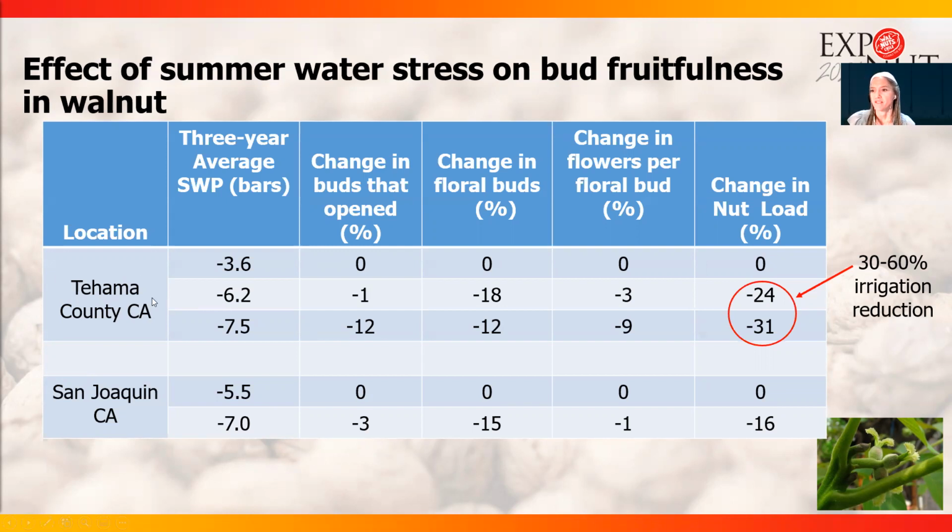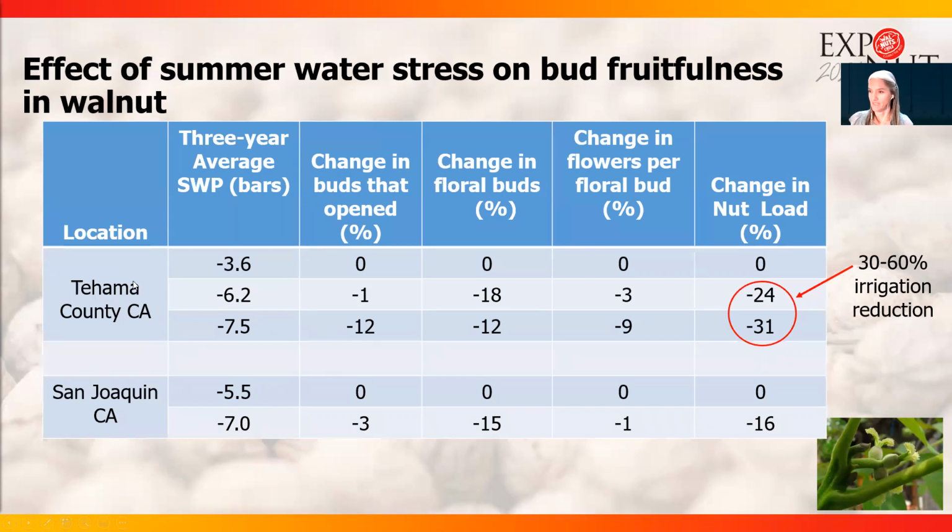For both locations, there are some more parameters that were looked at, including the change in buds that opened, the change in the number of floral buds, the change in the flowers per floral bud, and then the overall change in nut load in response to the different deficit irrigation levels.